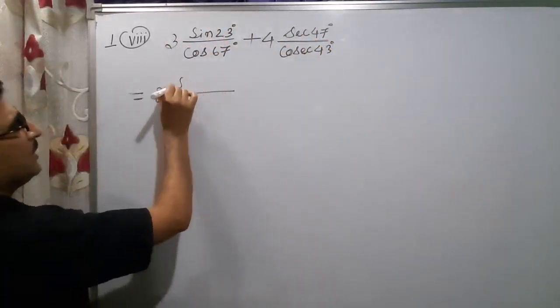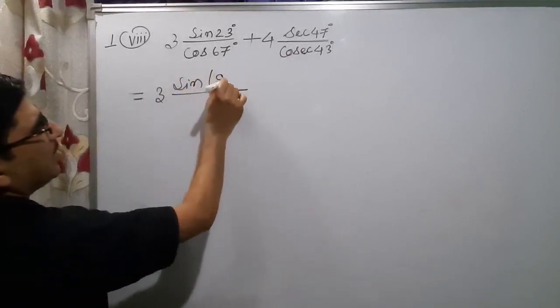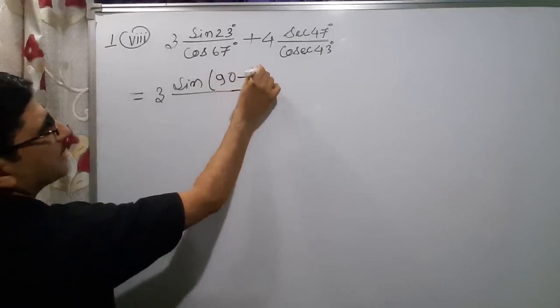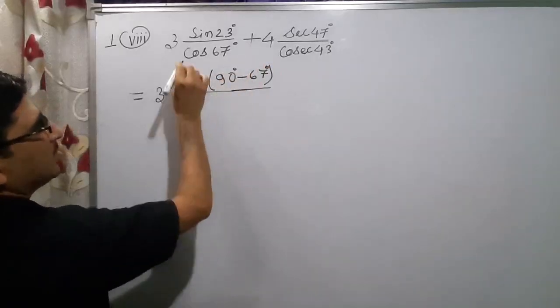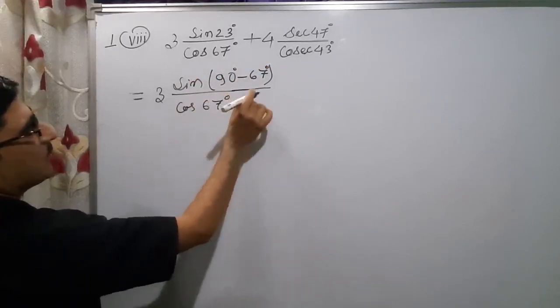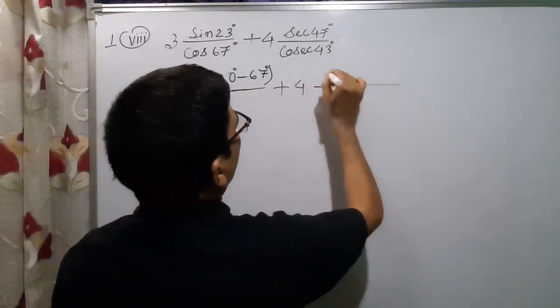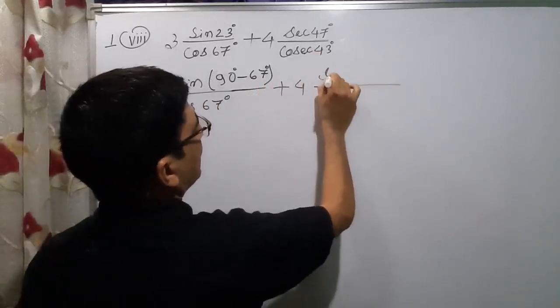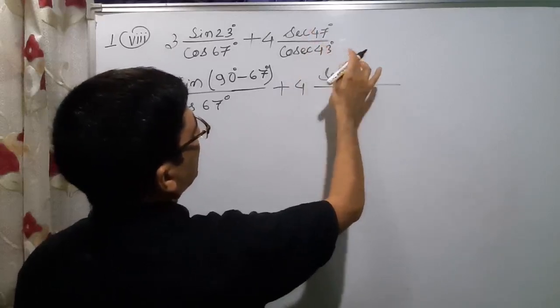So here sin 23, I will write as sin of 90 minus how much is 23? 90 minus 67 is 23. So this one is cos 67. We have not changed the denominator, as it is, no change. Plus 4. Now sec 47 is 90 minus 43.